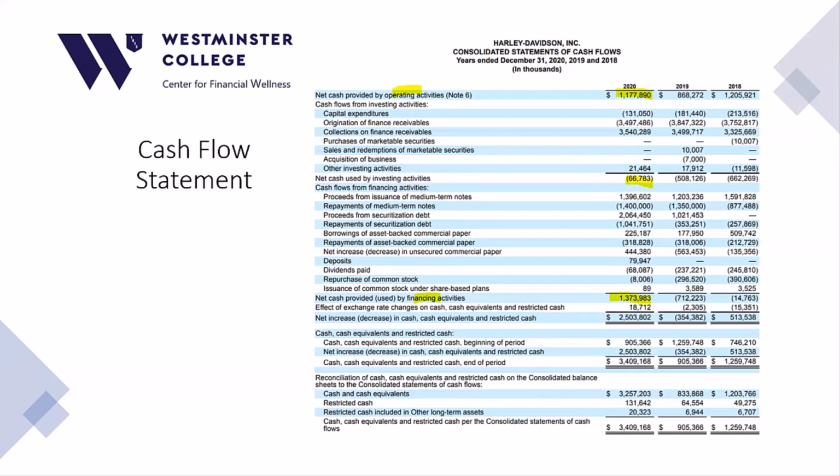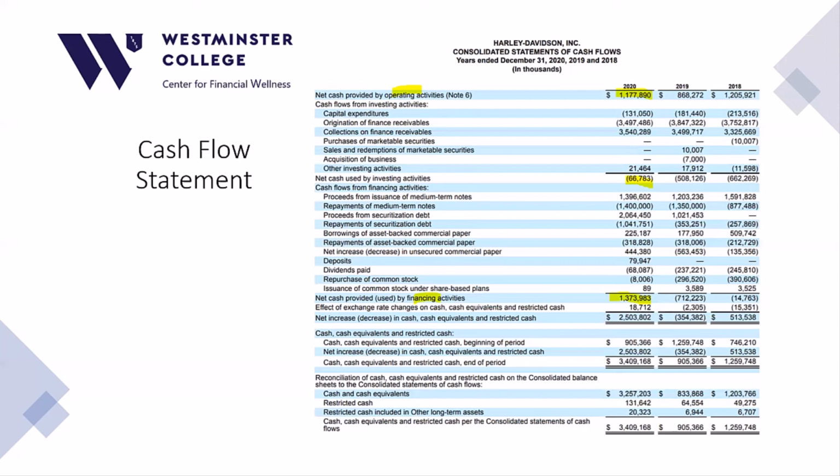So they relied quite a bit, it looks like, on owners or creditors to increase their cash. And it looks like it's from creditors, because here's a note payable, and here's some securitization debt. So they relied on debt. And that's kind of an interesting trend. You guys will get to analyze this kind of stuff in your next lessons.